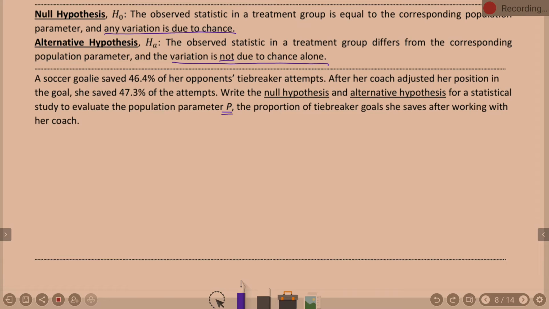If the coach helps her, what should happen? She should increase her percent of saves, right? And so, if I was debating, it might be easier on this particular one. And it doesn't matter which you find first. I'm going to keep writing the words out so you can get used to them. Alternative hypothesis, but realize in Savas, you're just going to see H sub A. They're not going to write alternative, they're just going to say H sub A. And for this, I'm going to use P. And so what are they claiming in this problem?